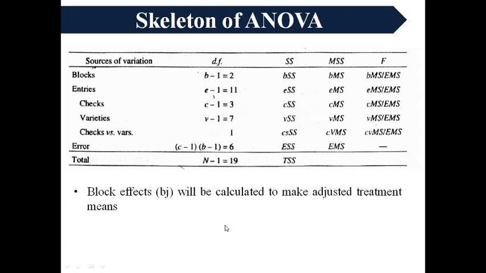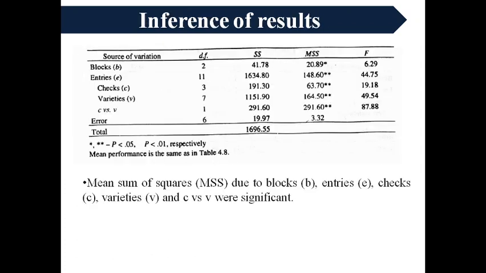So block effects will be calculated and deleted from the treatment means of varieties, and adjusted means will be given. So this is the overall skeleton of ANOVA of augmented design 2.